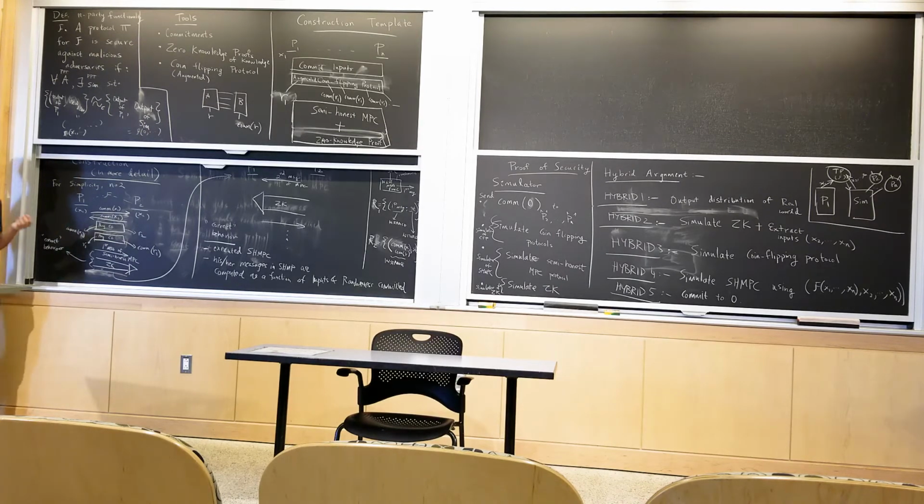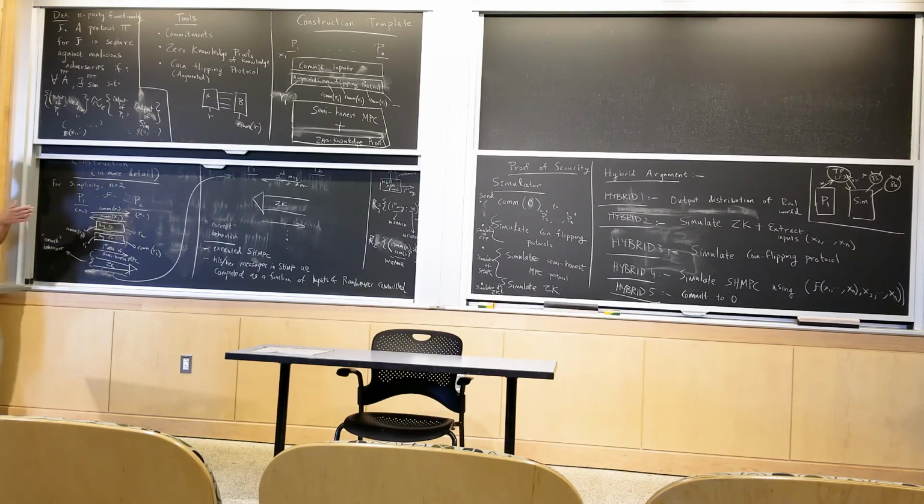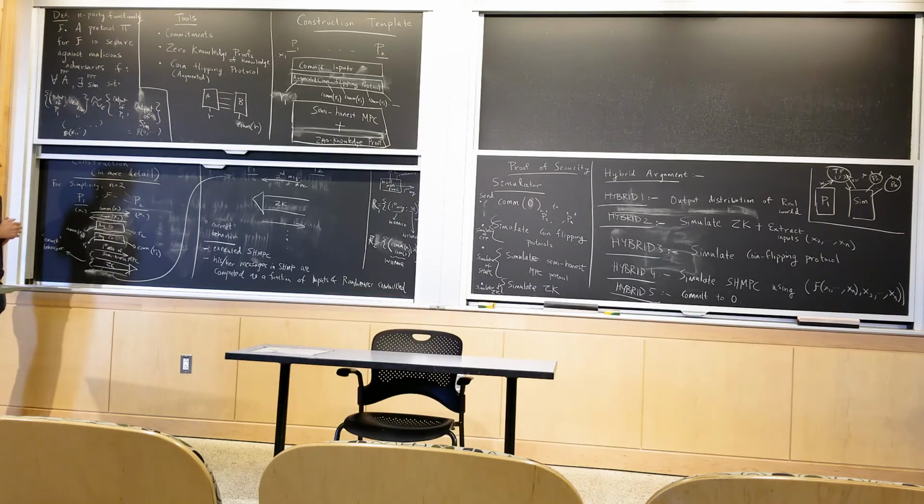You can hope to parallelize, so maybe the other parties don't wait for the zero knowledge proof to complete. Maybe they send the second message of the protocol while they're receiving the zero knowledge proof messages. This leads to complicated issues, and there have been several years of research to handle such issues.